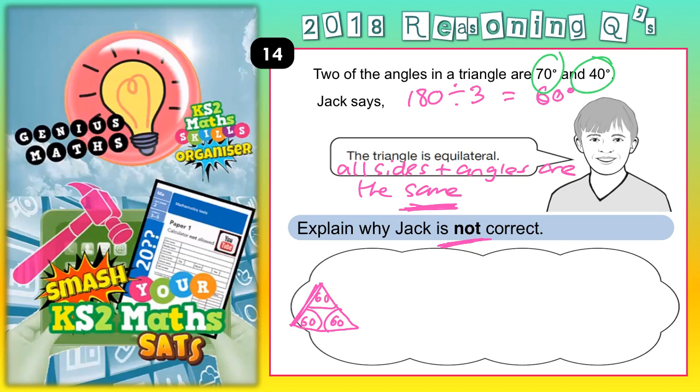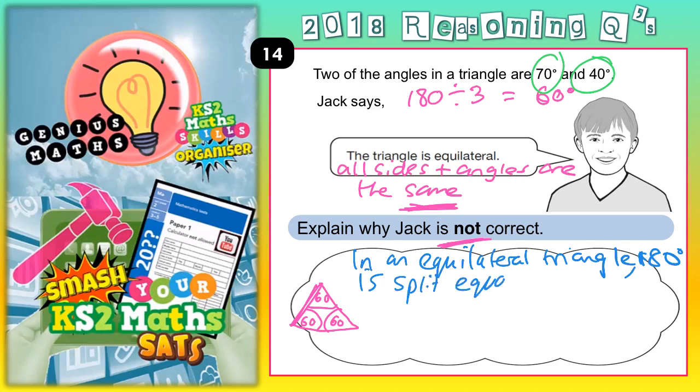So just say, in an equilateral triangle, 180 degrees is split equally into three equal angles of 60 degrees.